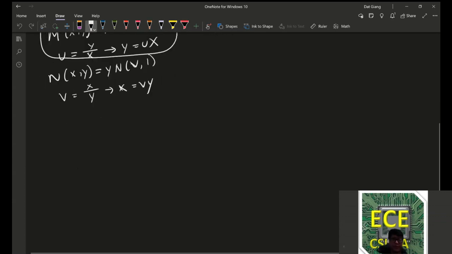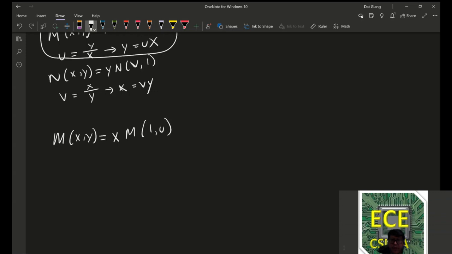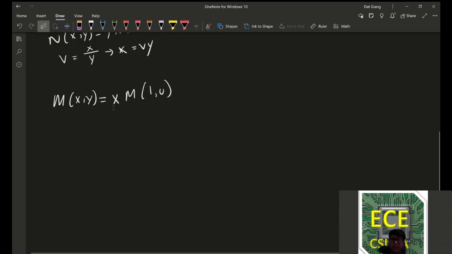So first, if we're given some kind of M of x, y, and we can factor out x, we get 1 and u. Now, this leads us to the procedure. 1, we have to check: are all powers of each term the same?